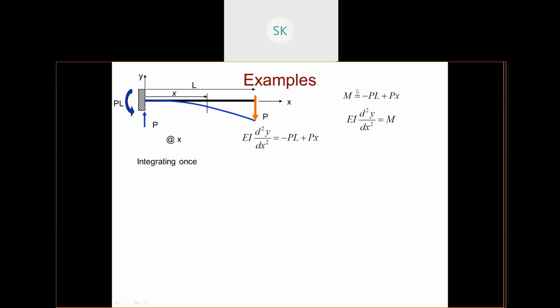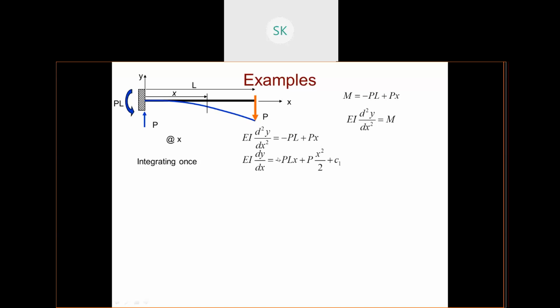I'll not discuss how I get this, because we have discussed it in the shear force and bending moment class. So this is the moment equation for deflection of beam. I'll replace this M by minus PL plus Px, and now I'll integrate.